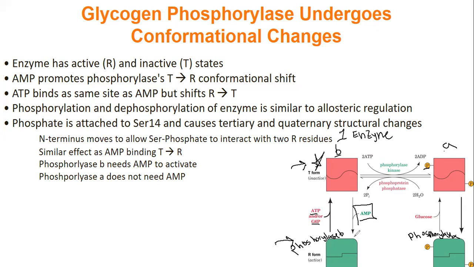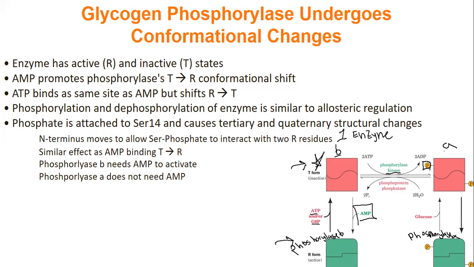To really turn on our glycogen phosphorylase, you need to add a phosphate. That's what a kinase does. The kinase, here phosphorylase kinase, because we're talking about glycogen phosphorylase, will add a phosphate to our enzyme.